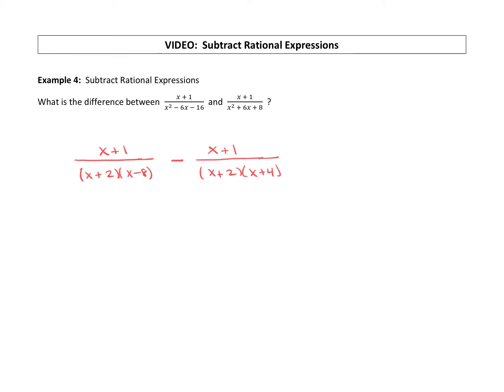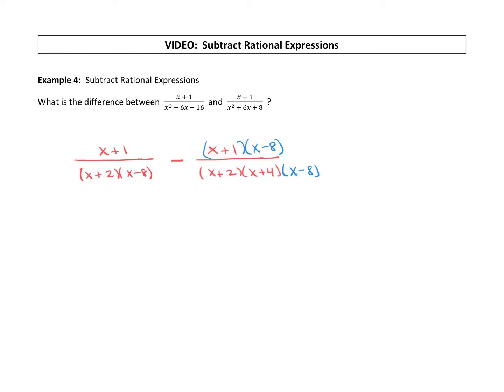Okay, so now let's take a look at our denominators and see, do they have anything in common already? What else do we need to get them completely in common? We have an x plus 2 here and an x plus 2 here, so that's good. The expression on the left has an x minus 8. We don't have an x minus 8 over there, so we are going to multiply an x minus 8 into the denominator, which means we have to multiply it into the numerator as well.